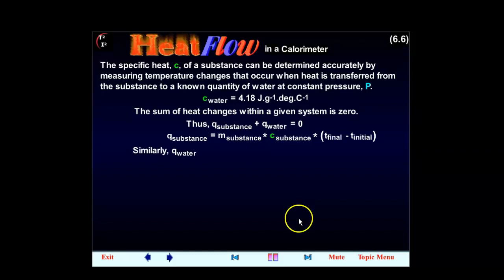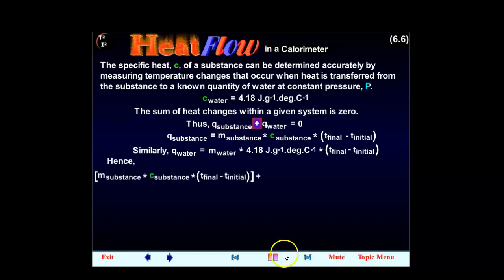Similarly, Q water equals mass water times 4.18 joules per gram per degree Celsius times quantity T final minus T initial. Hence, plus equals 0.